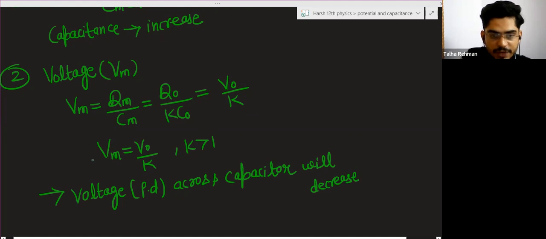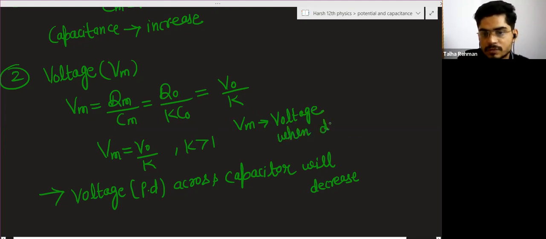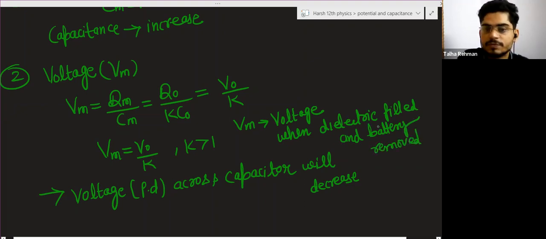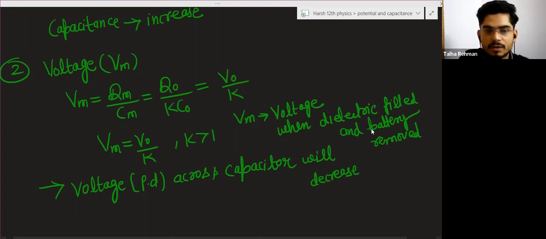I am writing here, Vm is the voltage when the dielectric is filled and the battery removed. This is Vm. Okay, voltage.